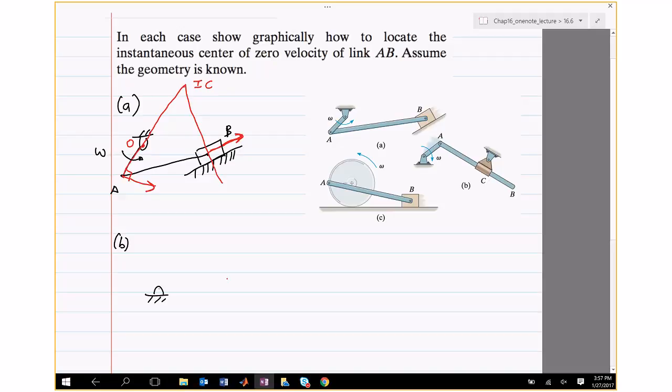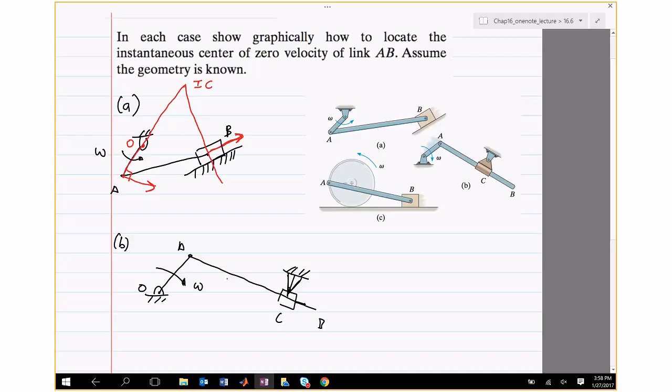To redraw this, okay, C, B, A, and we're given that OA moves clockwise.